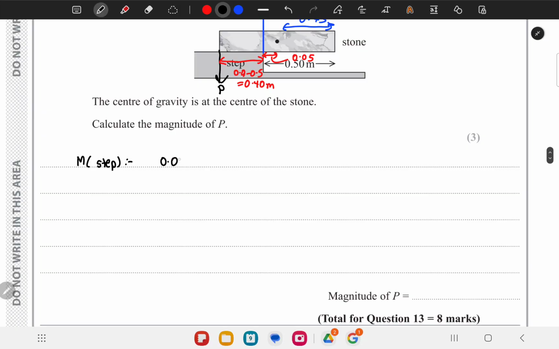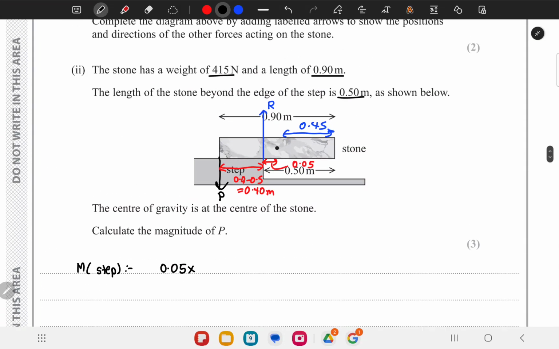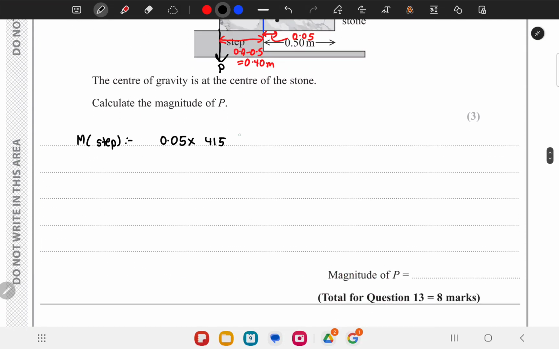So 0.05 times the weight of the stone, which is 415 newtons, will be equal to P into 0.40. The value of P will come out to be 51.9 newtons.